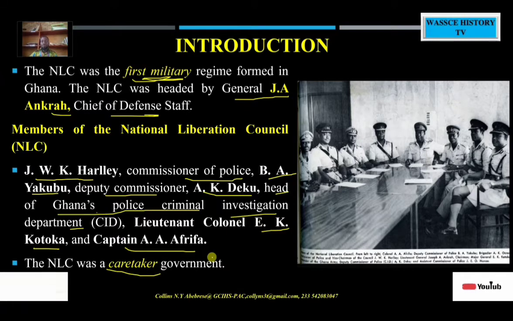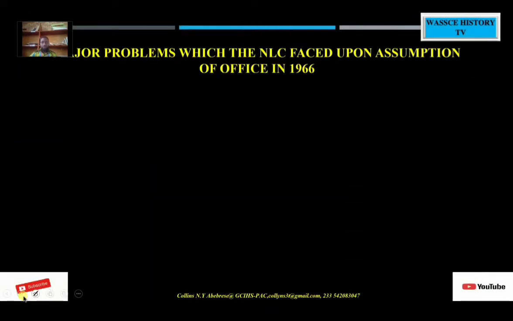The NLC announced on 26 February 1966 that they were not in office to stay for long, but were only there as a caretaker government. So when you're asked anywhere, I hope you will be able to explain the caretaker government.